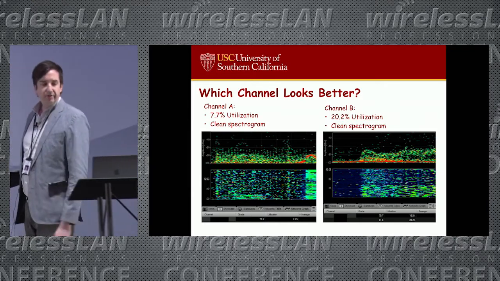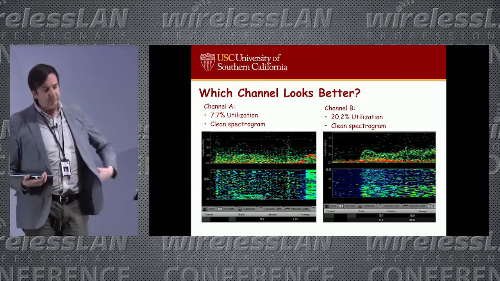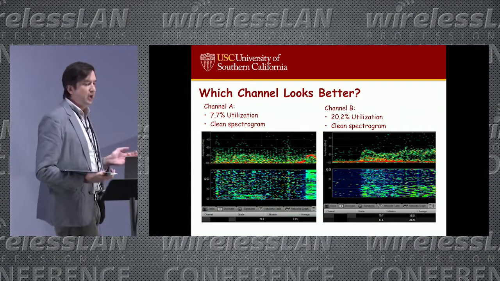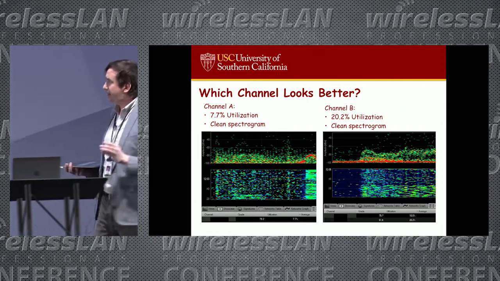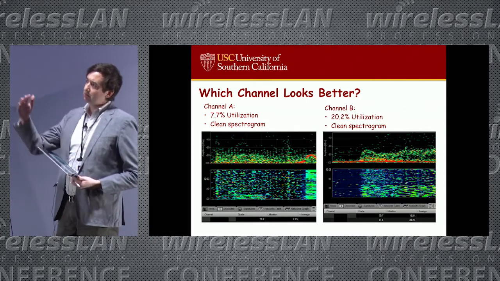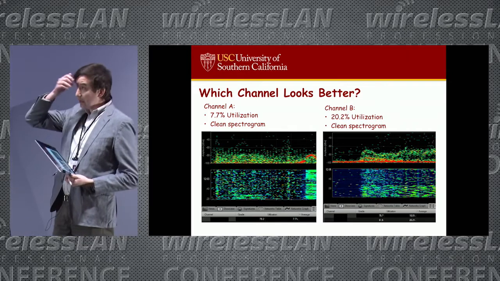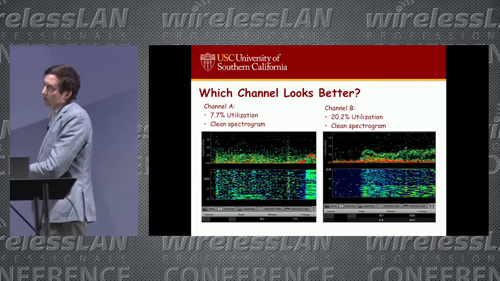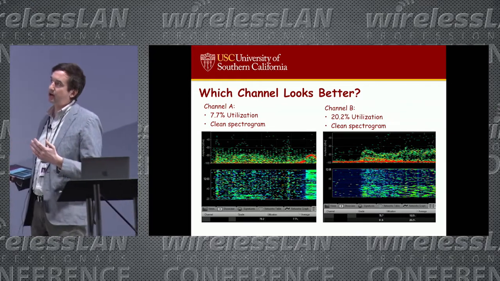I start out here with a real world example. This is just from something that I saw at work. One channel about 8% utilization, the other channel about 20% utilization, and hopefully the pictures come in relatively clearly. At the time I'm doing the testing here, both of them look relatively clean in the spectrogram.